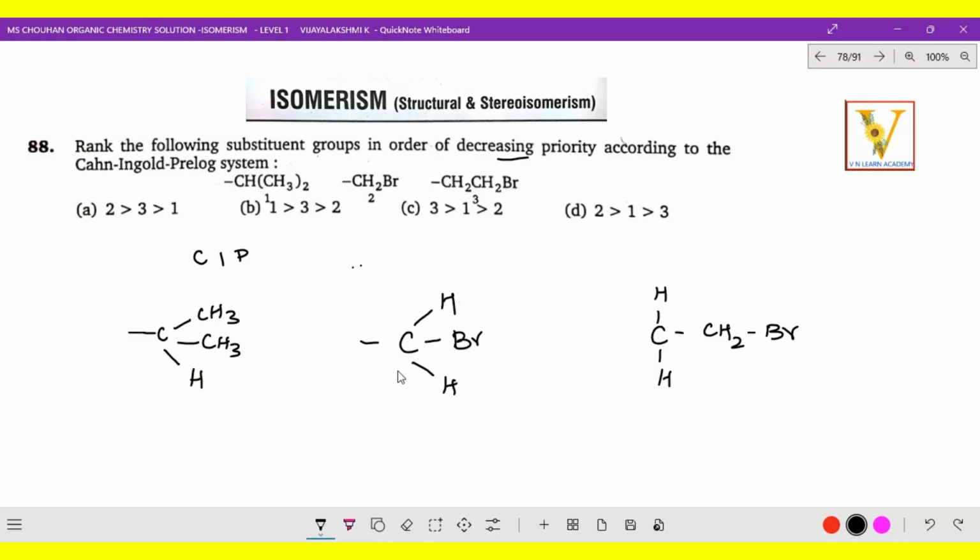So I just mentioned here this is first, second and this is third. In the priority order, first bromine goes, so this is 1 and the one with it will be greater. And here two methyl groups are available, that means 2 carbons are available, so the second order is this. And the third one has only 1 carbon, next to which bromine is attached.